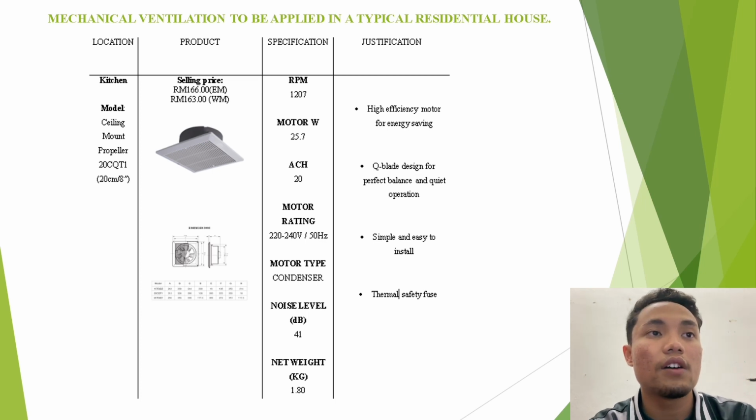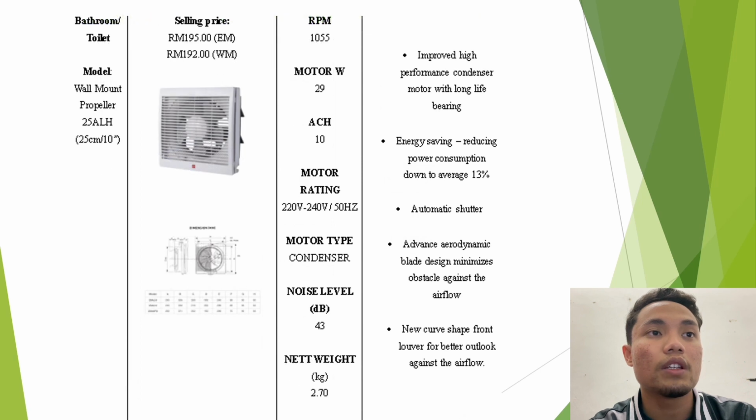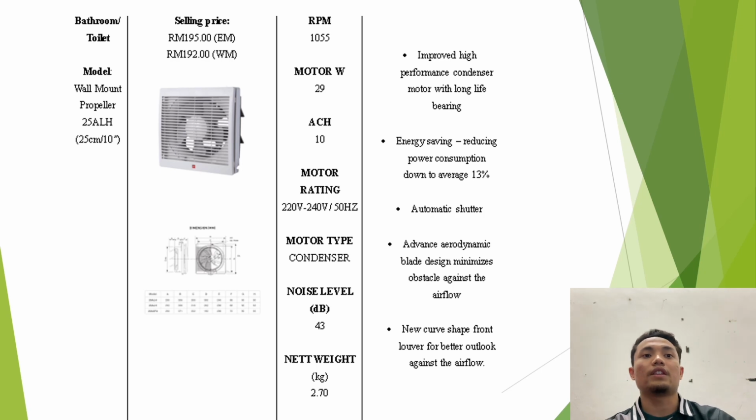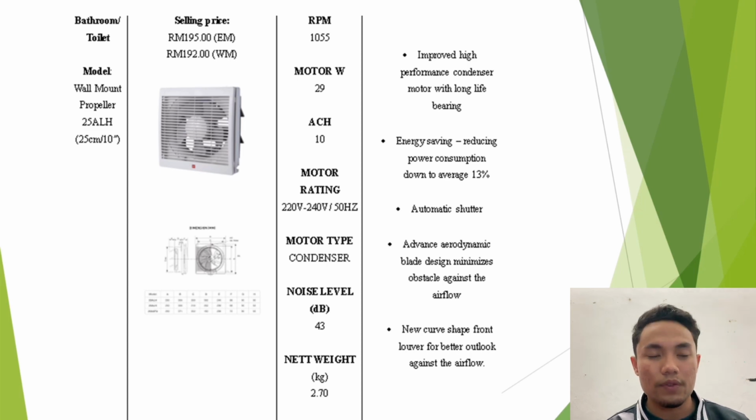Other than for the bedroom, for the toilet, the model is the wall mount propeller 25 LH, 25 cm, 10 feet, and the price is still in the target, 1,195 ringgit. RPM is 1055 and motor watt is 29, ACH 10, motor rating 220 to 240 and 50 Hz frequency.